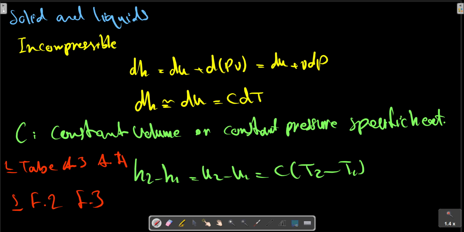In other processes for which it is not possible to assume constant specific heat, there may be a known relation for C as a function of temperature.